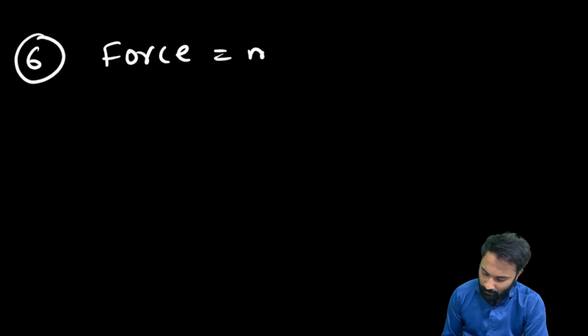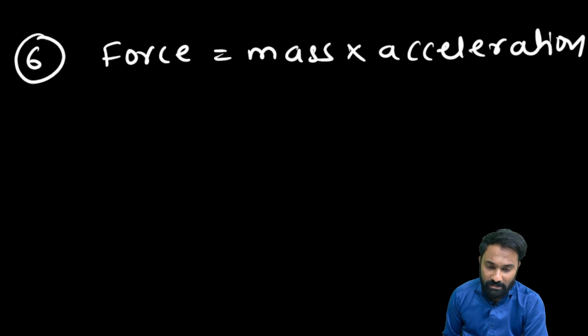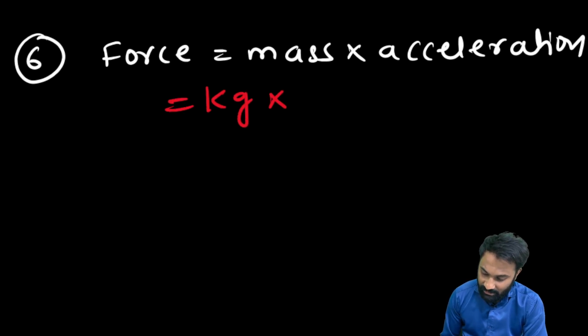Next, the sixth we are going to see is force. Force is mass into acceleration, right? Here, what is the mass unit? Mass unit is kg. What is the acceleration unit?